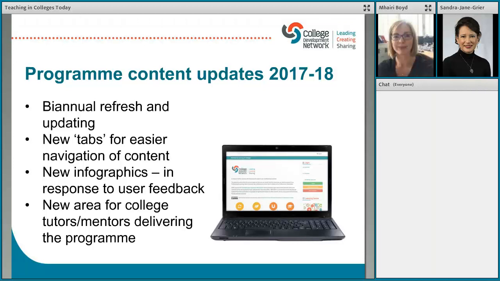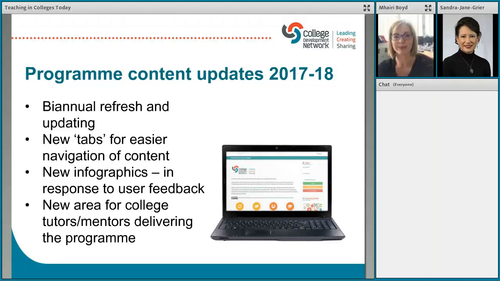For example, you will find that there are new information graphics on things like foundation apprenticeships. We've uploaded a copy of the Scottish Government Digital Learning and Teaching Strategy for Scotland, which of course we know the importance of ensuring that technology enhanced learning is really understood, and that we're working towards making the best use of our resources.